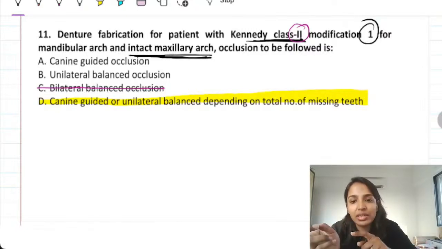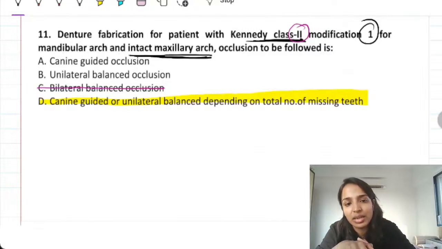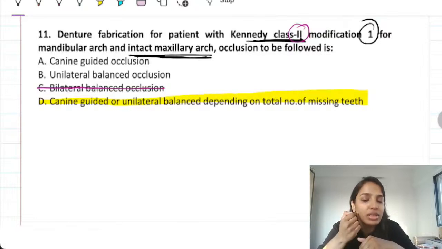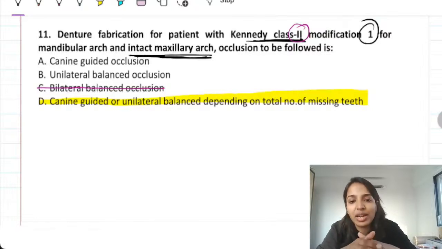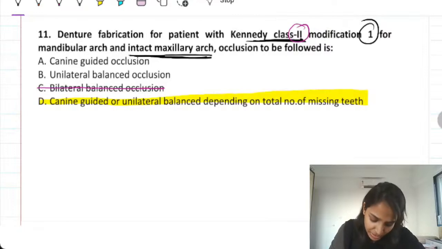Now, when in lateral movements, if the canine tip comes in contact and disoccludes all of the teeth, that is called as canine guided occlusion. That is seen in young individuals. Over a period of time, when the tip of the canine wears off, and then when you go into laterotrusion, that is excursive movement, and you see that all the teeth are coming in contact, that is a group function kind of an occlusion, right? So that is the basic difference between both of them.